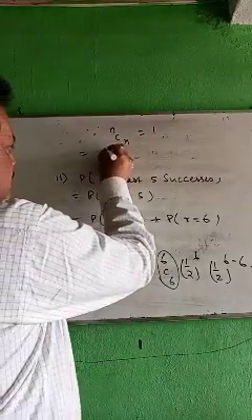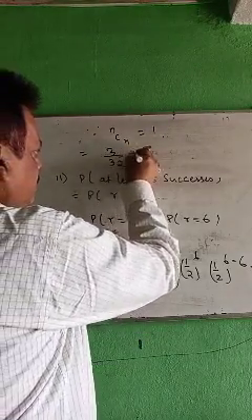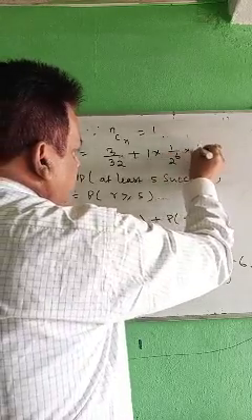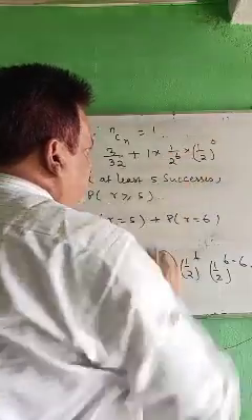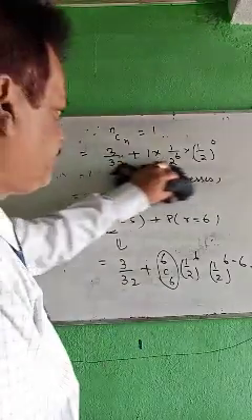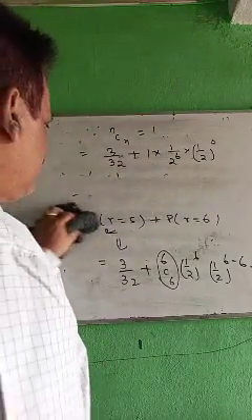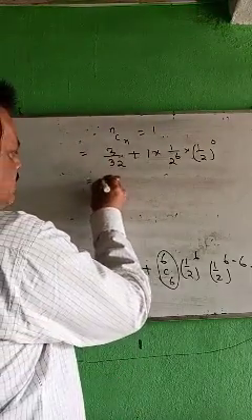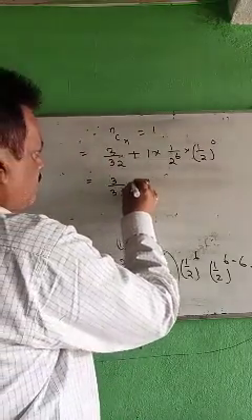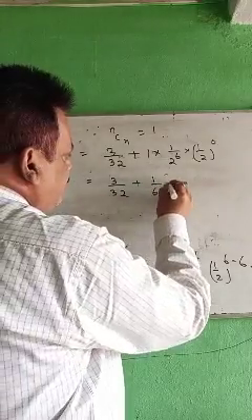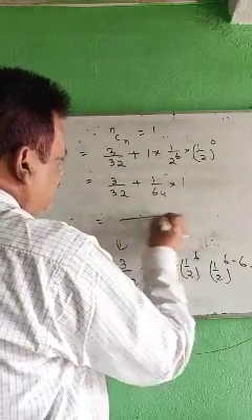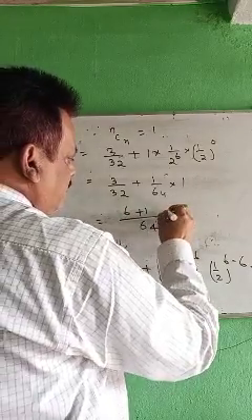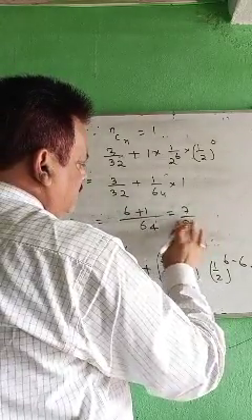So that is 3 by 32 plus 1 into 1 by 2 to the power 6, 1 by 2 to the power 0. Any number to the power 0 is 1. So that is 3 by 32 plus 1 by 64. LCM is 64, this is 6 plus 1, 7 upon 64.